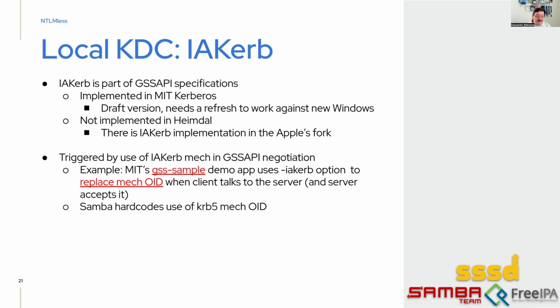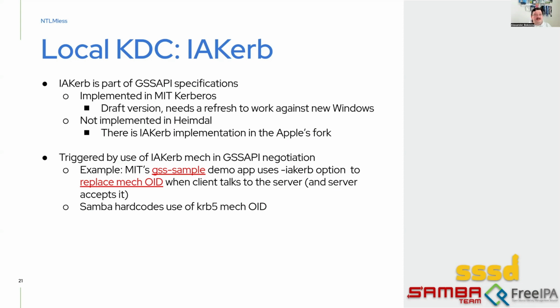And obviously, Samba hardcodes use of Kerberos. And as far as I know, everything else on the free software side actually hardcodes it, or it uses no OID as a mechanism, leaving the library to define what to use.